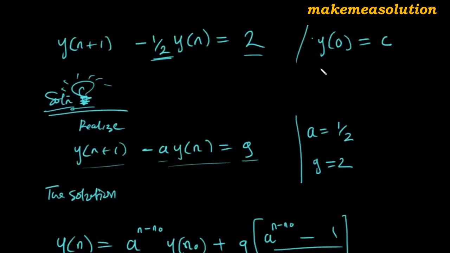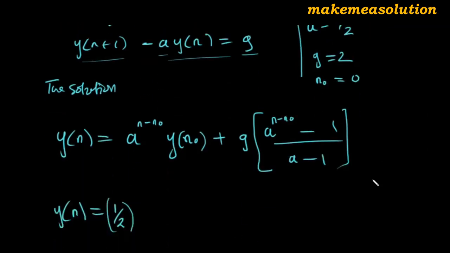This is how you always know it. This is your y of n naught equal to, sorry, equal to c. So if you compare this and this, you discover that n naught is equal to 0. That's our first point of contact. Is that okay?